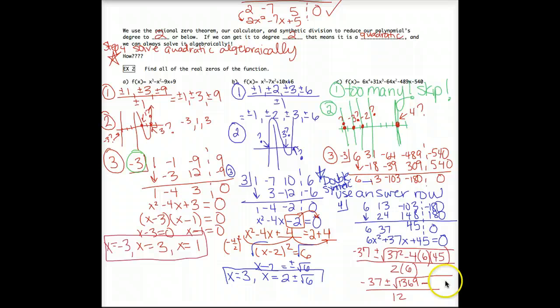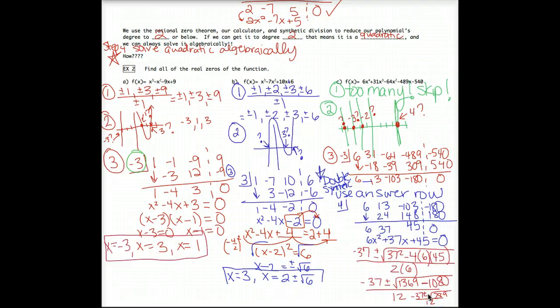That should give you 1,080. So 1,369, take away 1,080 gives me 289. So I've got -37 plus or minus the square root of 289 over 12.